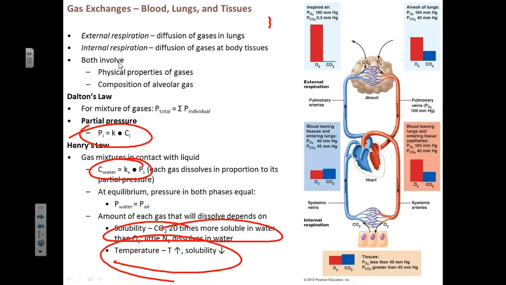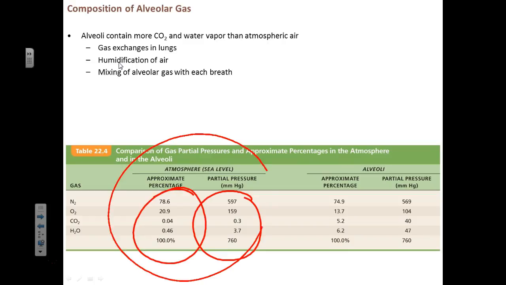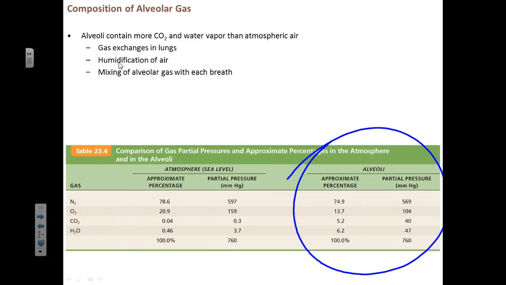Now let's see how it can be applied. How can we use it when we talk about gas exchange? So let's take a look at the content of the gas in the atmosphere and in the alveoli. You can see that there are several changes between the atmosphere and alveoli.